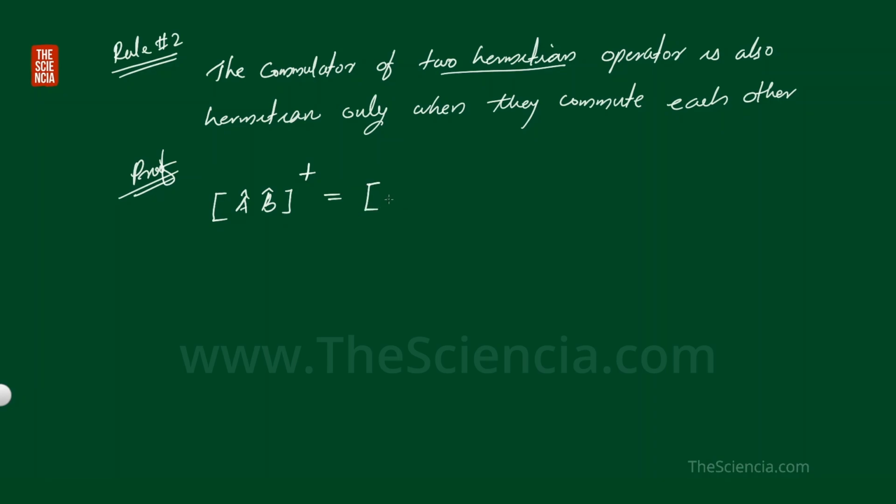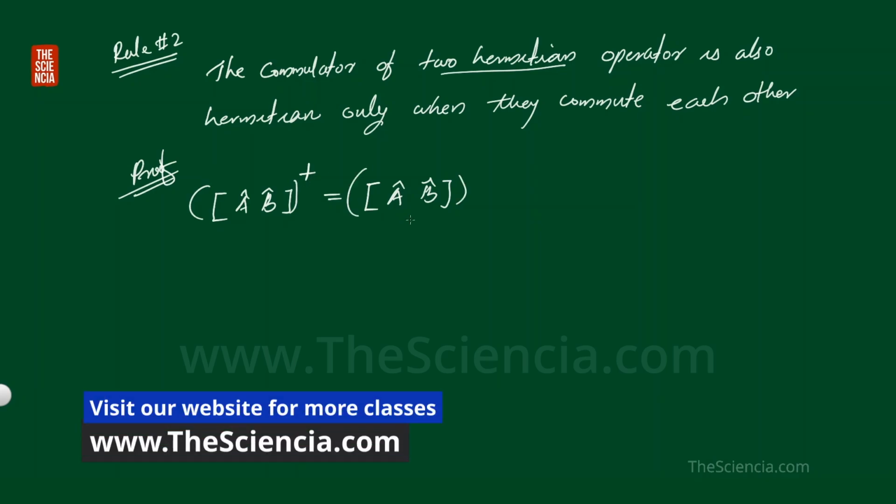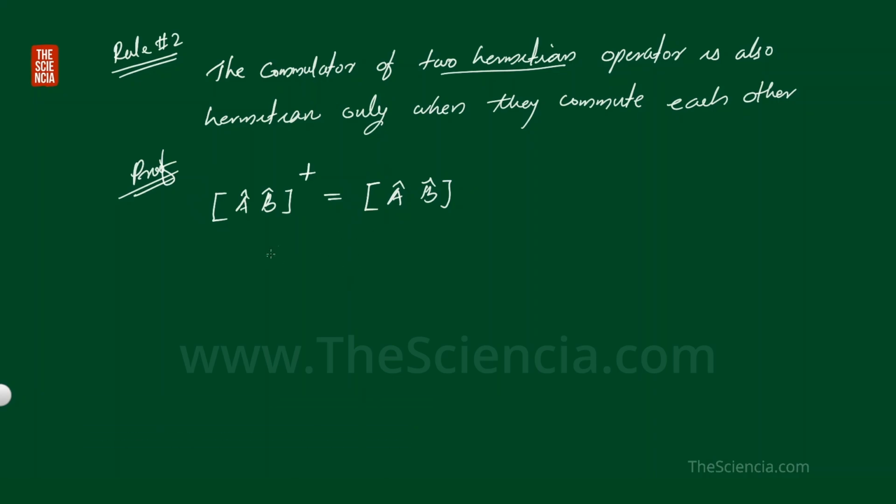That means the dagger of the commutator AB is equal to the commutator AB, because this entire term is Hermitian. So when we take the dagger, we will get that entire term, right? Now, how can we check this? We can take this dagger inside the commutator. So when we take it inside the commutator, we will get B dagger A dagger. That is equal to the commutator AB.